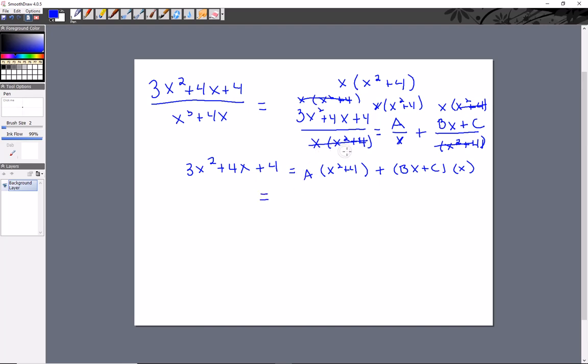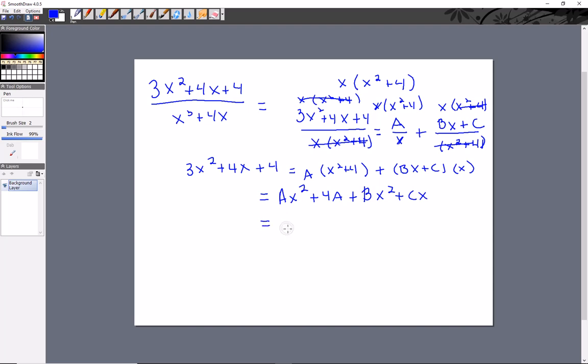So distribute this into here: Ax squared plus 4A. And then we'll distribute the x into that binomial, so that'll be plus Bx squared plus Cx. Now we're just going to put things in descending order for powers of x.